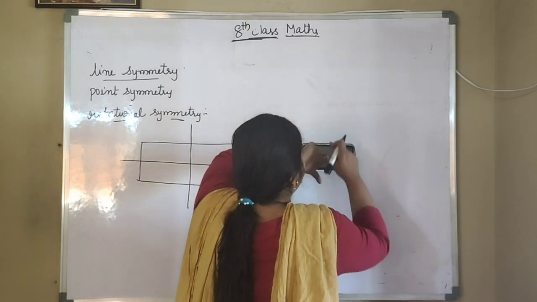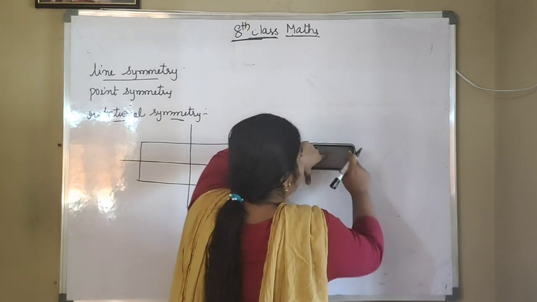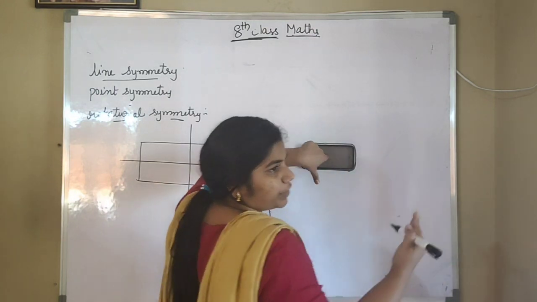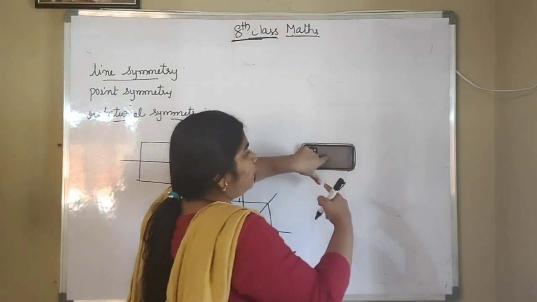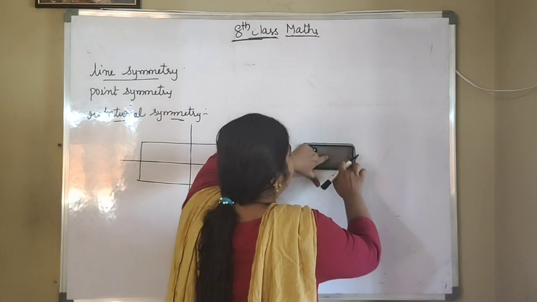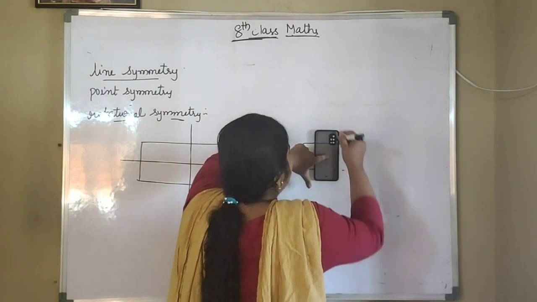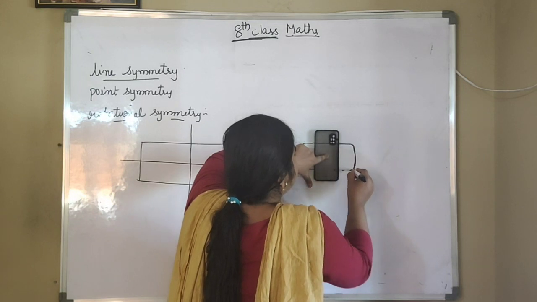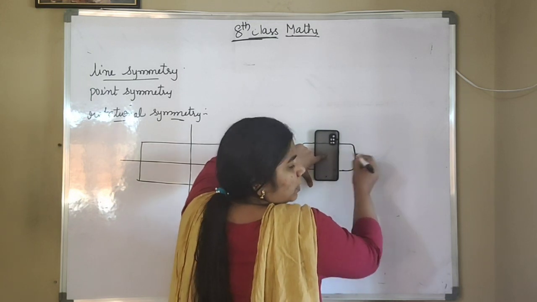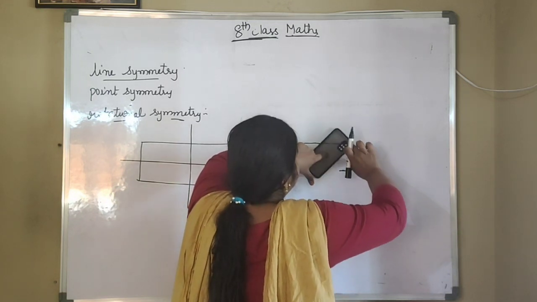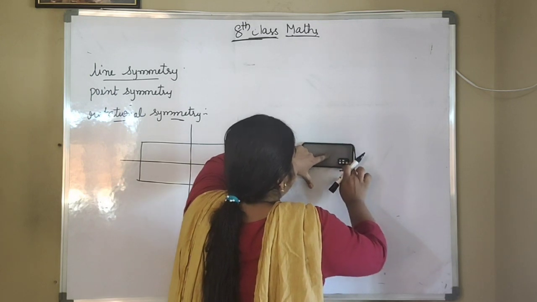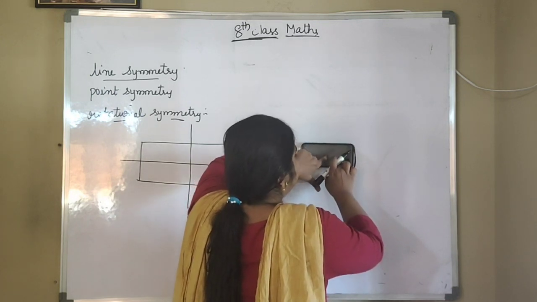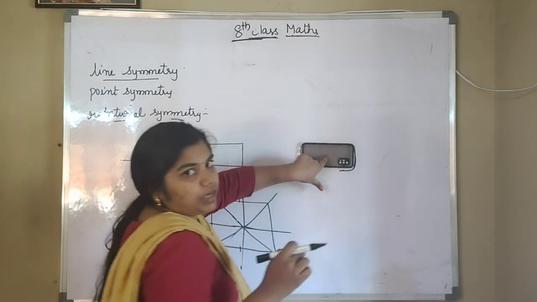I am rotating. Now the pouch is in this order. For which rotation will you get the same figure again, we have to check. So I am rotating in this order now. Now this figure and the first figure you had taken are not the same. Now again I am rotating this one. After rotating 180 degrees, you got the same figure again.